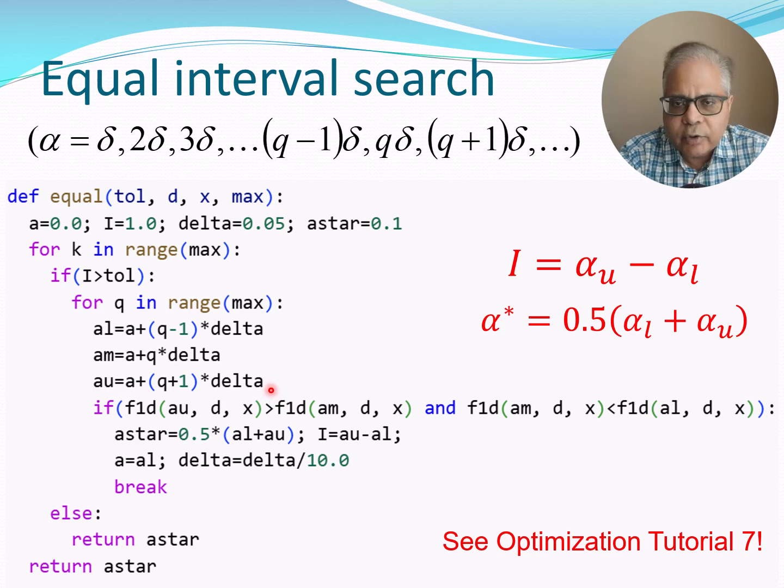And then it's going to progressively reduce the delta by dividing delta by 10, and then continue the process until it has converged to some value a star or alpha star. Alpha star is given by this formula here, and it's going to continue this process till, as far as the bracketing is concerned, the value of I is lesser than the tolerance value which I'm feeding into the main program. Again, check out optimization tutorial 7 for more details on the 1D search.